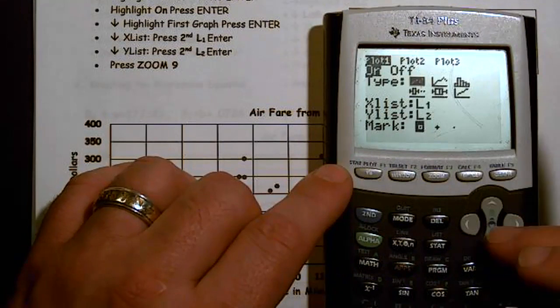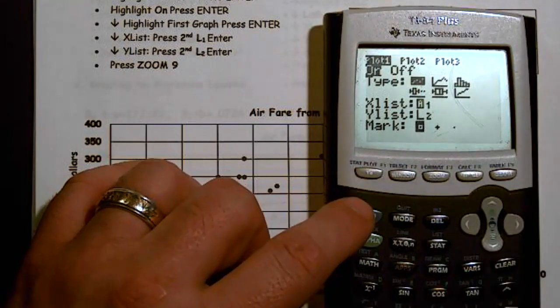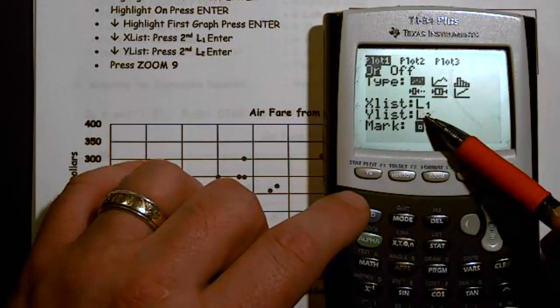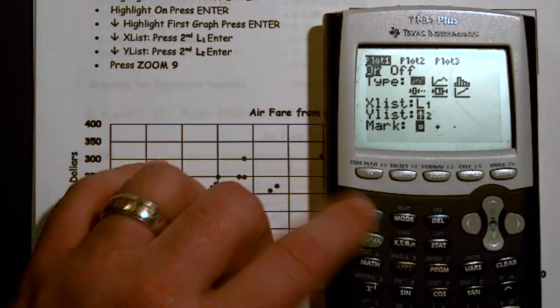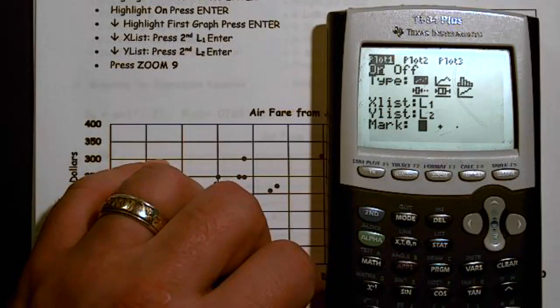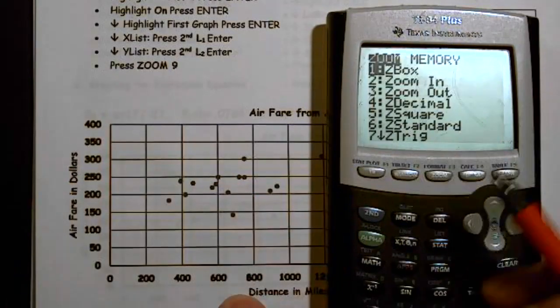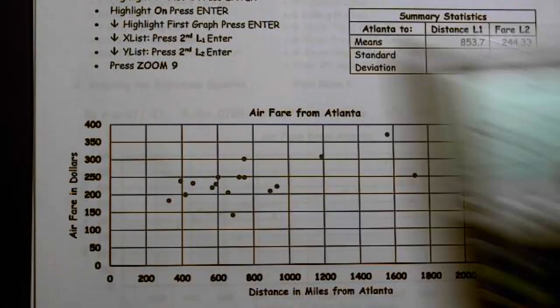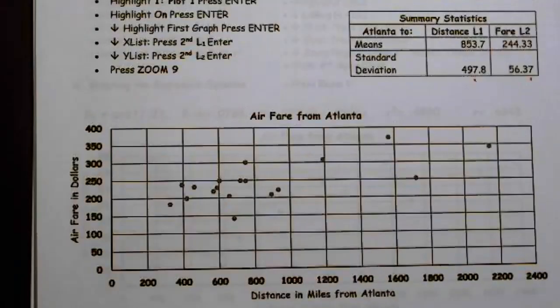Press enter. My X list, second one, which is my distance, and my Y list, my airfare, second two. Then I press zoom and number 9. So we end up getting something that looks about like that.